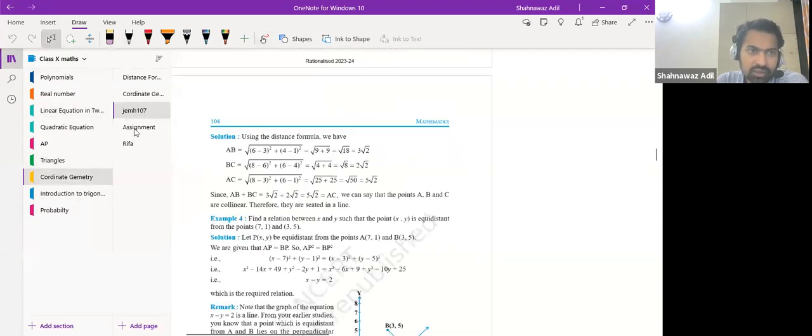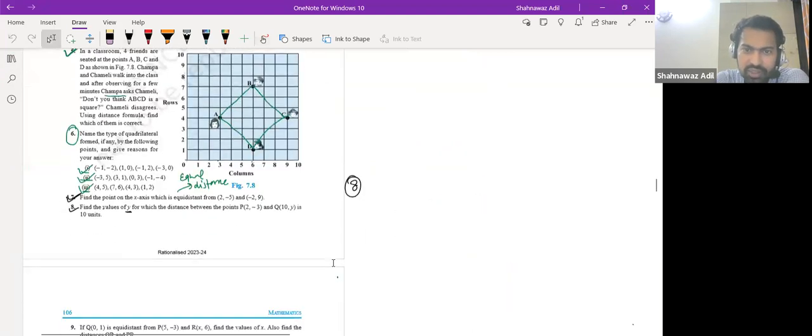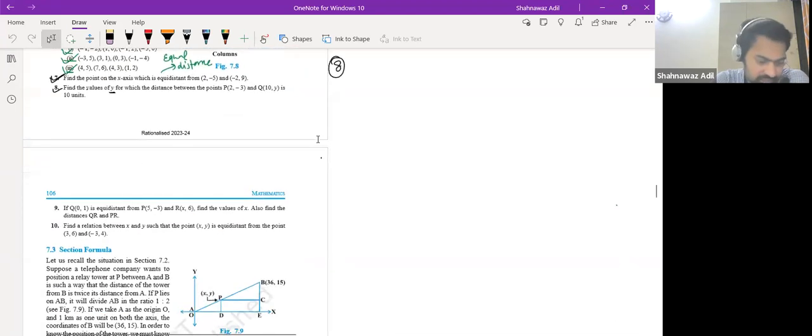So now let us get back to the coordinate. Right, so we were doing the eighth question. We have to find the values of y for which the distance between the points is 10 units.